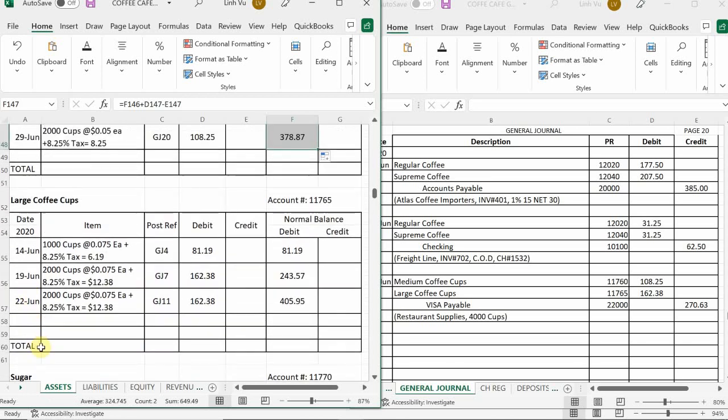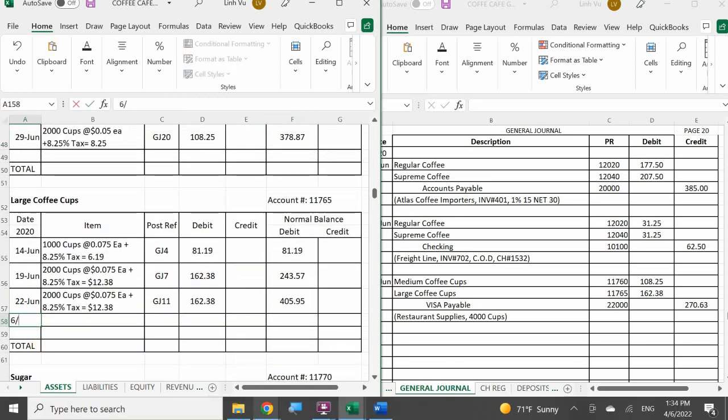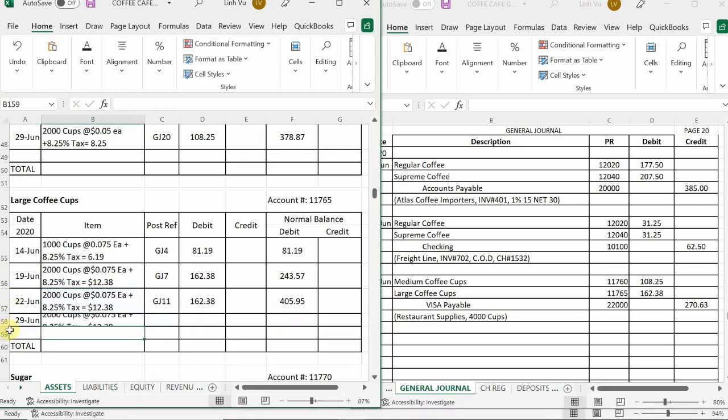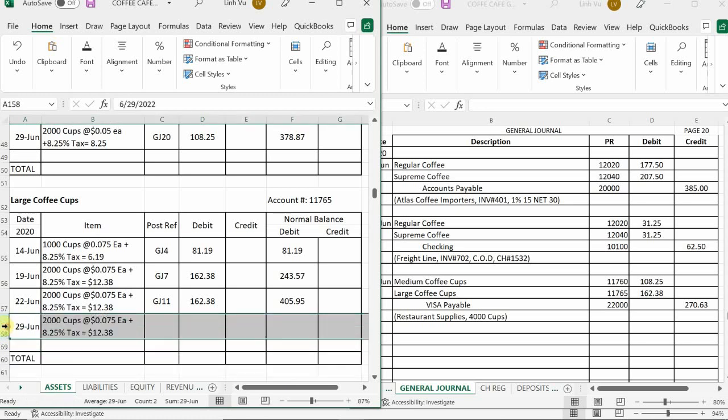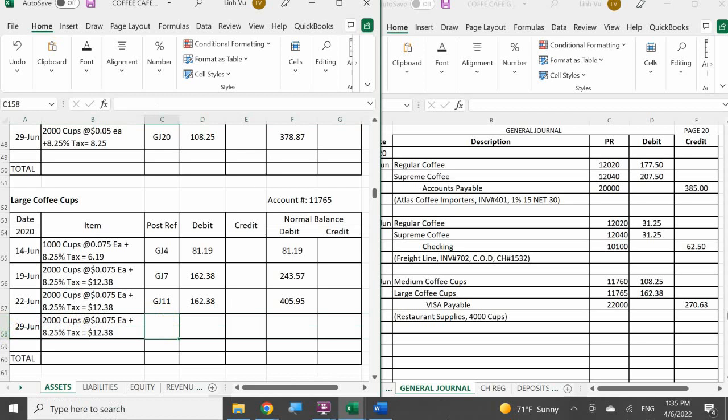Then we have our large coffee cups. Same thing here. Purchased 2,000 of them with the 8.25% tax. Journal 20.